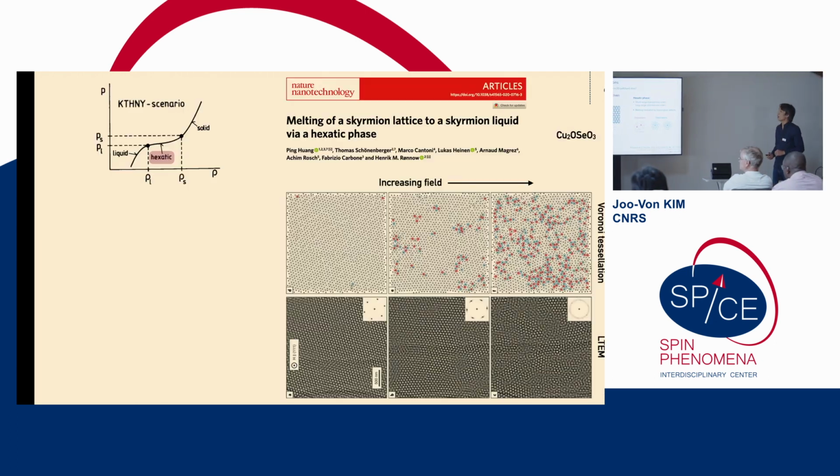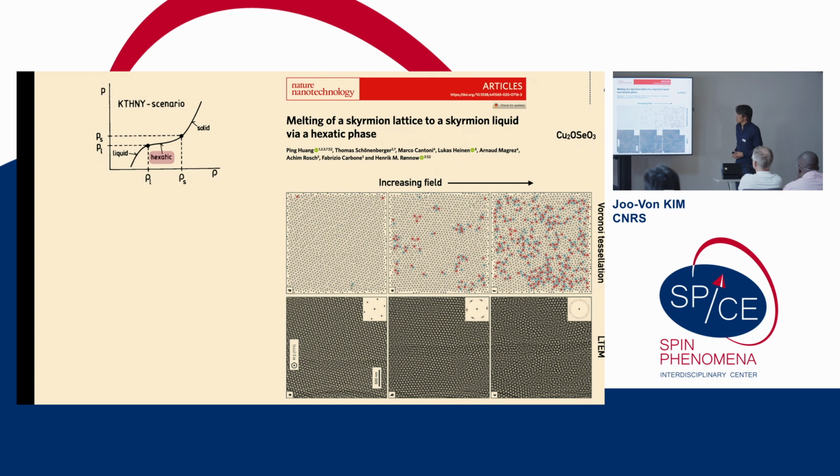And indeed, we weren't the only ones to think of this. This is an example of a fairly recent experimental study where they studied just this, the melting of a skyrmion lattice to a skyrmion liquid via this hexatic phase.